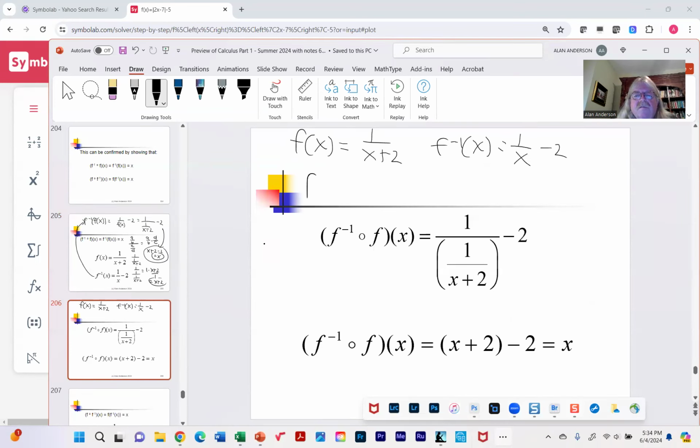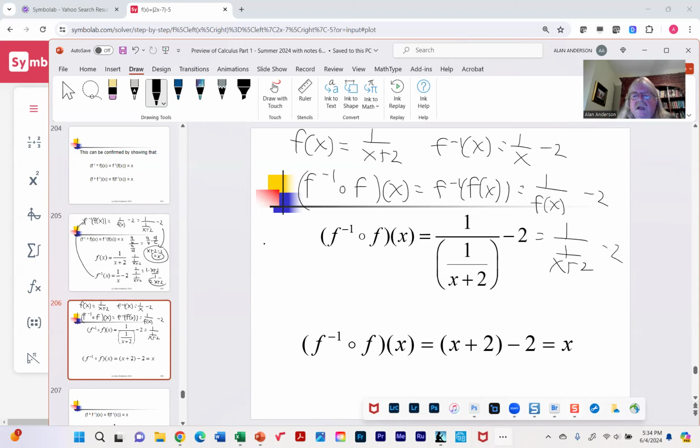So therefore, one over f of x minus 2, and we end up with the same thing. So that means we did it correctly.